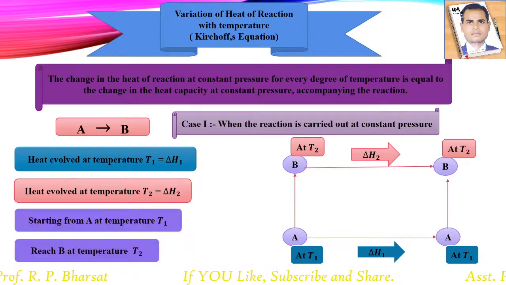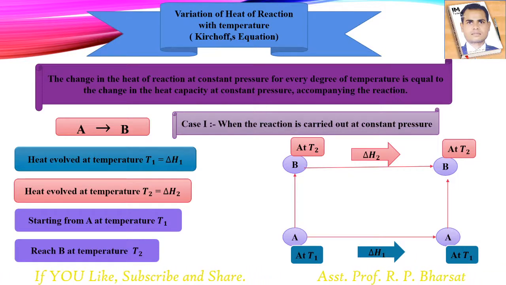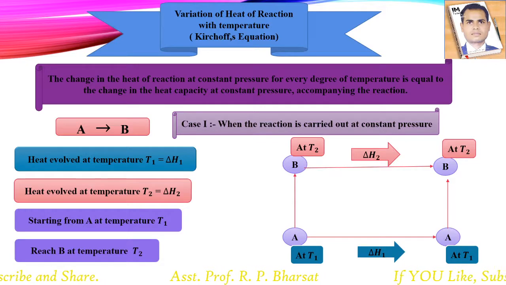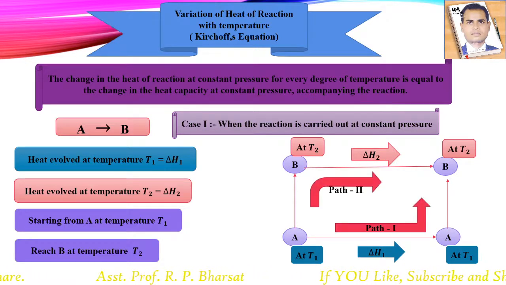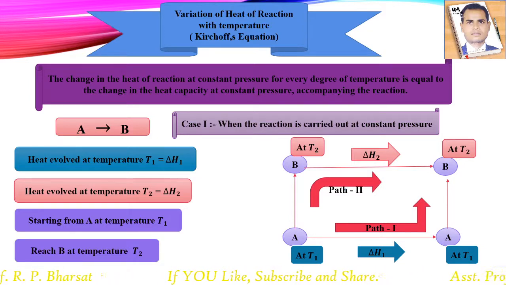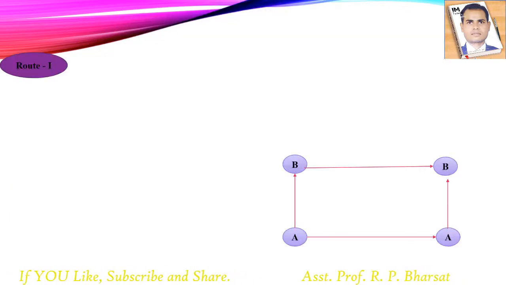Like this you can see here, starting from A at temperature T1, we can reach B at temperature T2 by two paths, the first path or the second path. First of all we consider path first, that means route first.